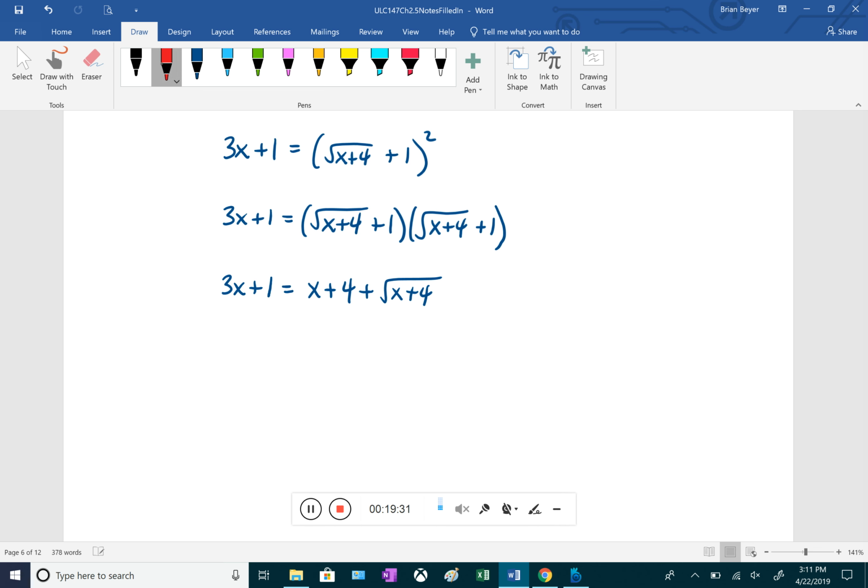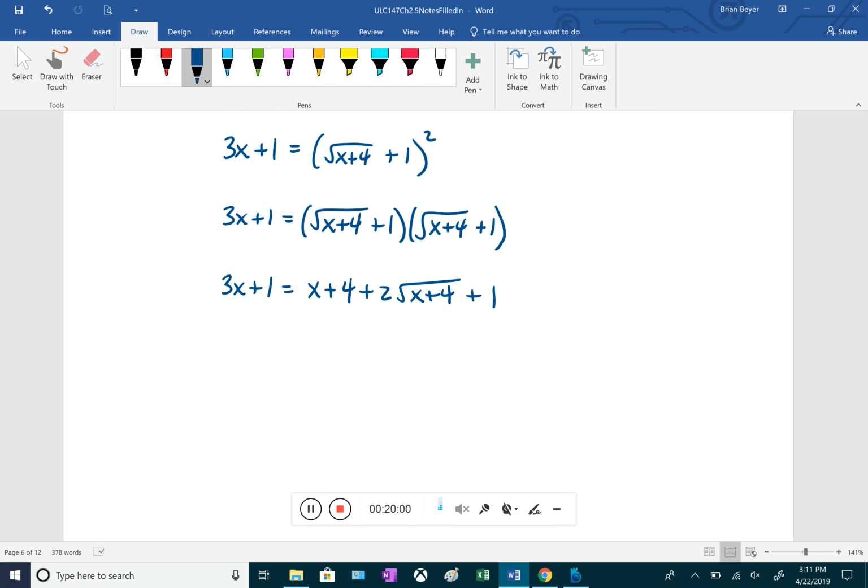And now we have to distribute the 1. So 1 times the square root of x plus 4 is the square root of x plus 4. And then 1 times 1, we get plus 1. So I'm going to combine these two middle terms. These are the same thing, right? So one of those plus another one will give us two of them. So I'm just going to erase all of this and combine those in this step. So it's going to be plus 2 square root of x plus 4 plus 1.